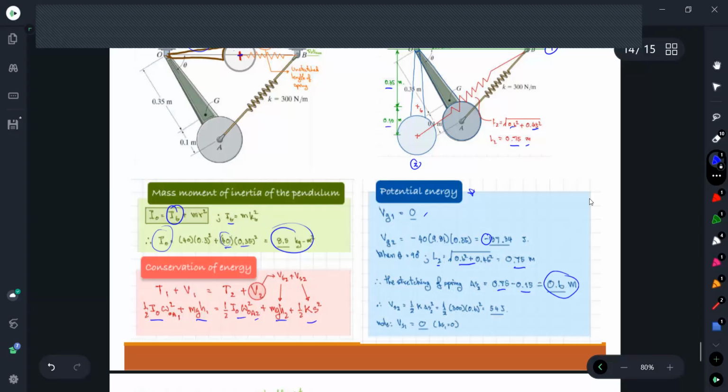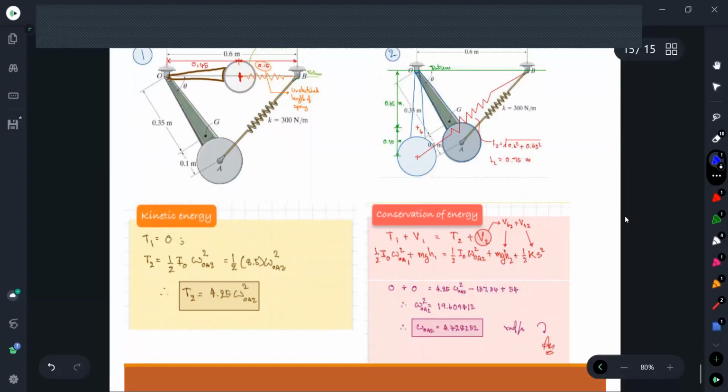So the potential energy of the spring at the final position is half k delta s squared, which is 54 Joule. We know that at the first position the spring is unstretched, so the potential energy of the spring at the first position is 0. After that, we substitute into the conservation of energy.